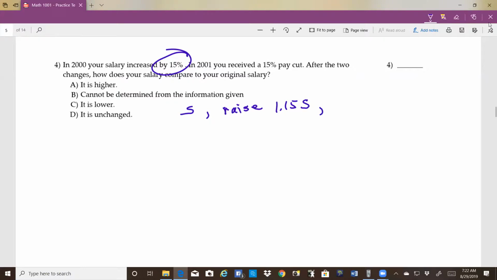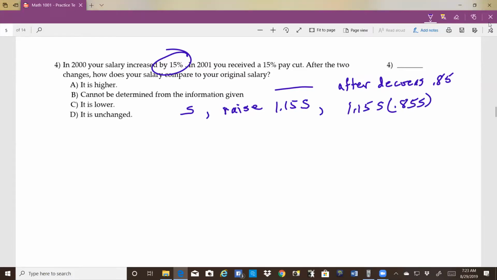Now, after the decrease by 15% means he made 85% or 0.85 times what he was making after he got his raise. So after the decrease, it's 1.15S times 0.85S.